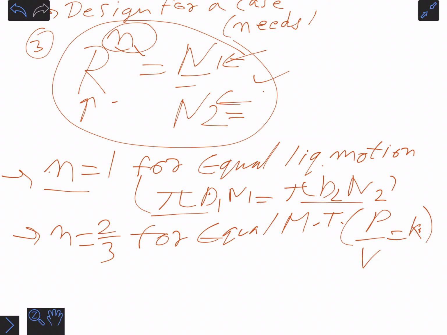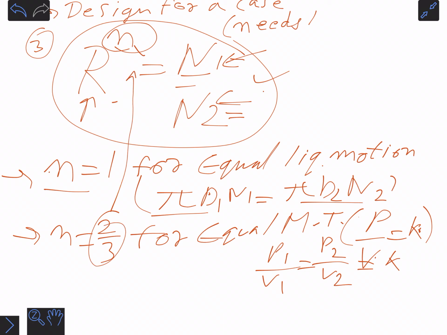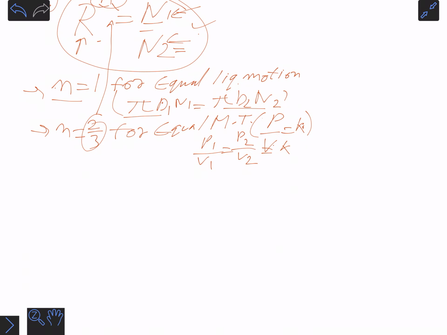So P1 by V1 will be equal to P2 by V2, power of agitator divided by volume being constant. Then you will get the same equation, r to the power 2 by 3 equals n1 by n2.